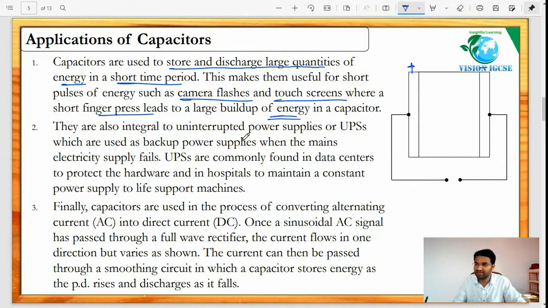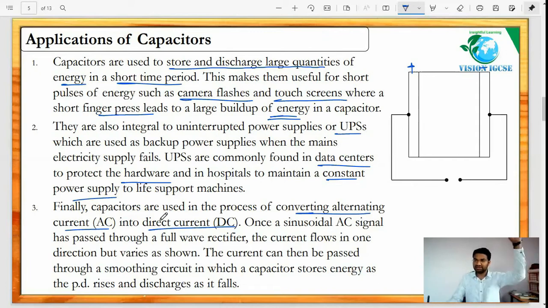They are also integral to uninterruptible power supplies, or UPS, which are commonly found in data centers to protect hardware and in hospitals to maintain a constant power supply. Finally, capacitors are used to convert AC current to DC current. These are the applications of capacitors.